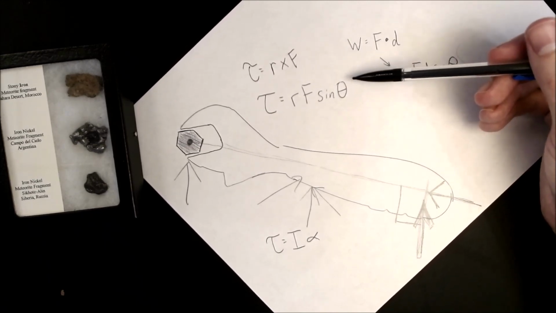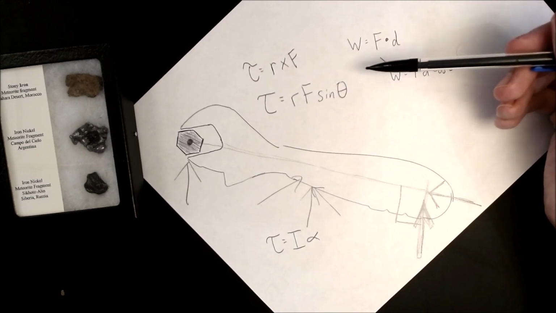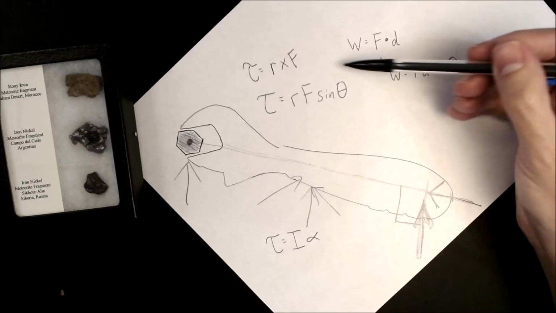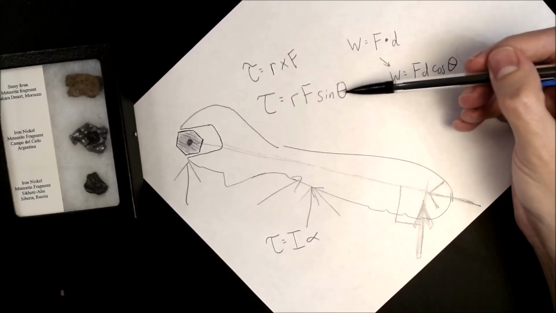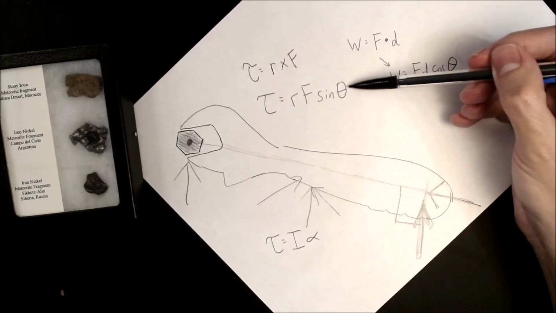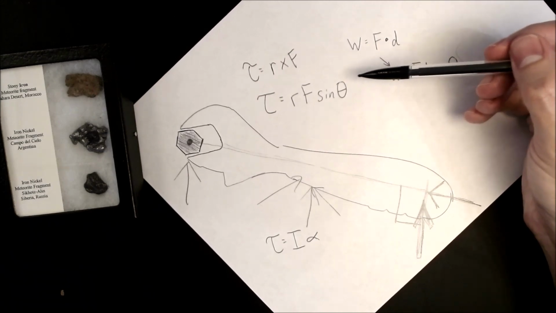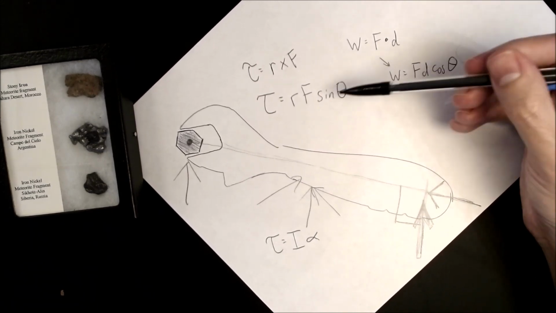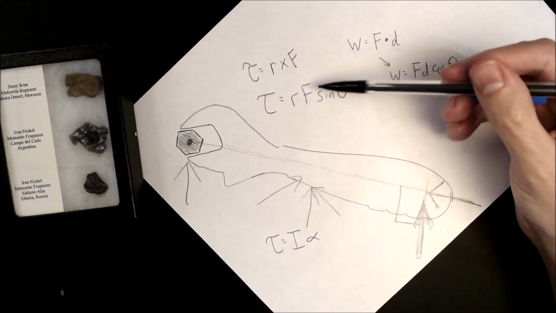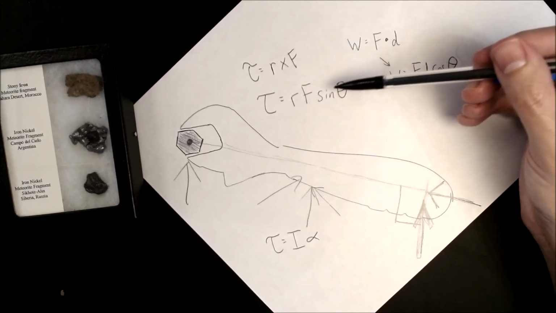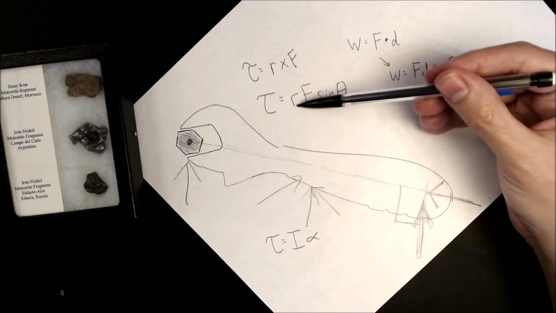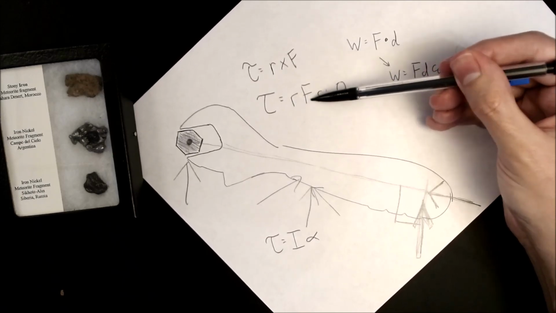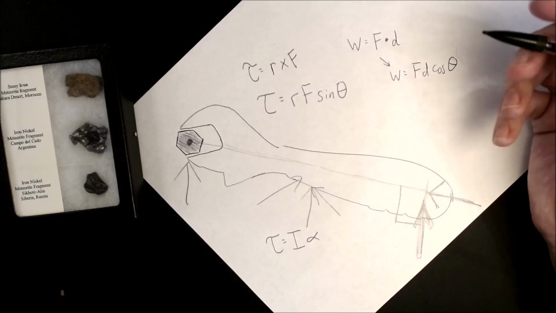Sine of 90 is equal to 1. If we want torque, according to this equation, we want an angle of 90 degrees instead of 0 degrees. If those are our options, 90 or 0, we want 90 in there because sine of 90 is 1. And then we'd get the most that we could possibly out of the radius times the force equaling the torque.